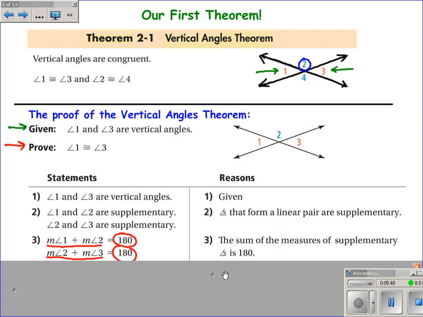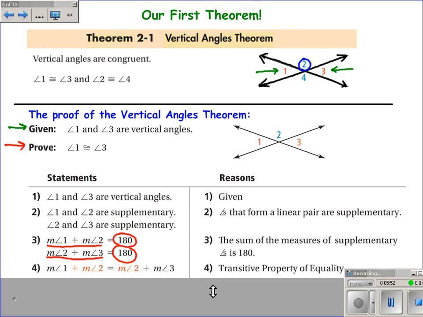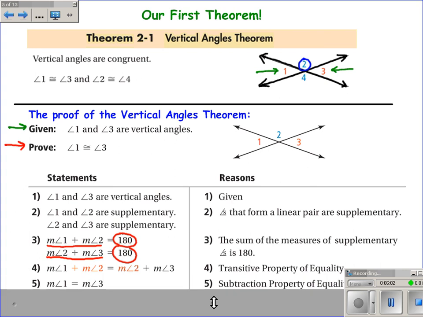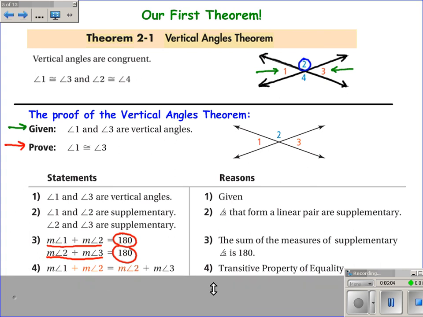Okay, so we're going to put these two parts equal to each other, and the reason given here is the transitive property of equality. It could seem more like substitution to you, but you have a reason for it. And then you'll notice that the measure of angle 2 is in both sides of the equation.